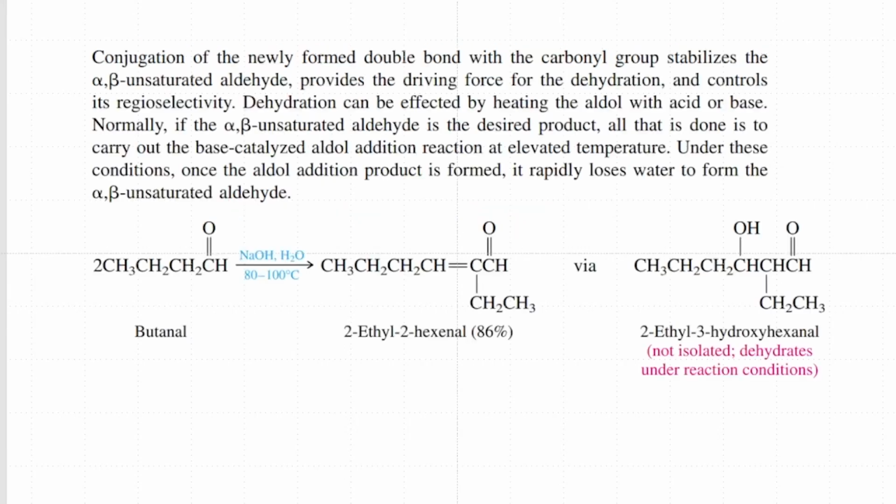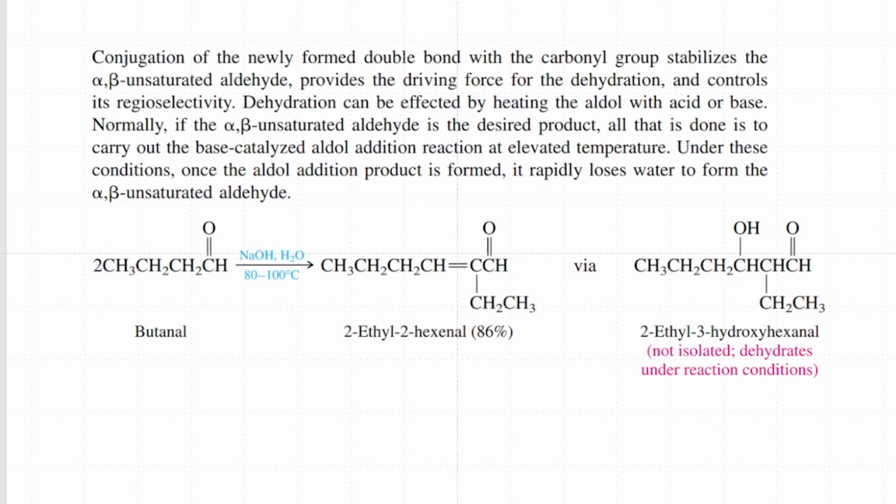So we would expect that under experimental conditions, if you take butanal and add sodium hydroxide and water and heat it up to about 80-100 degrees, then the yield of the alpha beta unsaturated aldehyde or ketone in this case is quite good.